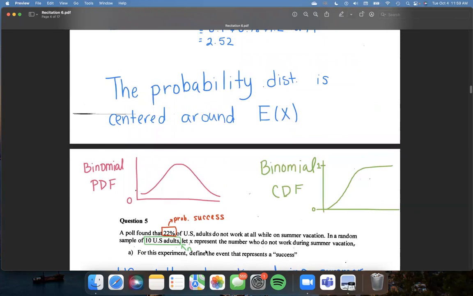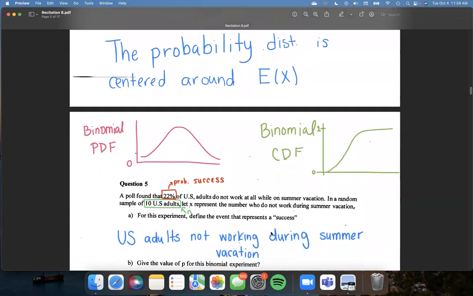So a success would be that a US adult is not working during summer vacation. A failure would be that the US adult does work during summer vacation.